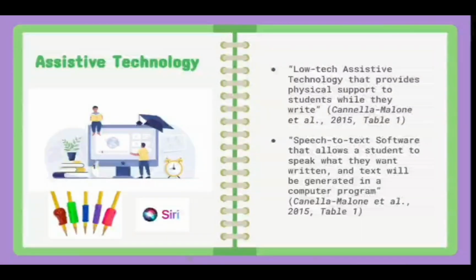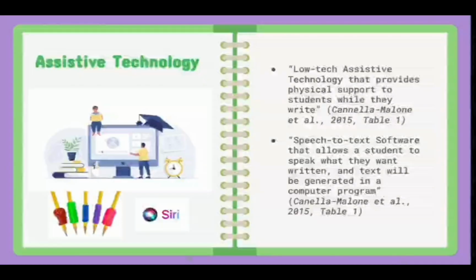The use of high and low tech adaptations can seriously improve the learning experience for a student with intellectual disabilities. This strategy can be impactful in various ways. Anything from something simple like a pencil grip to help students that are struggling with motor skills, to something specifically designed like speech to text software, kind of like Siri.